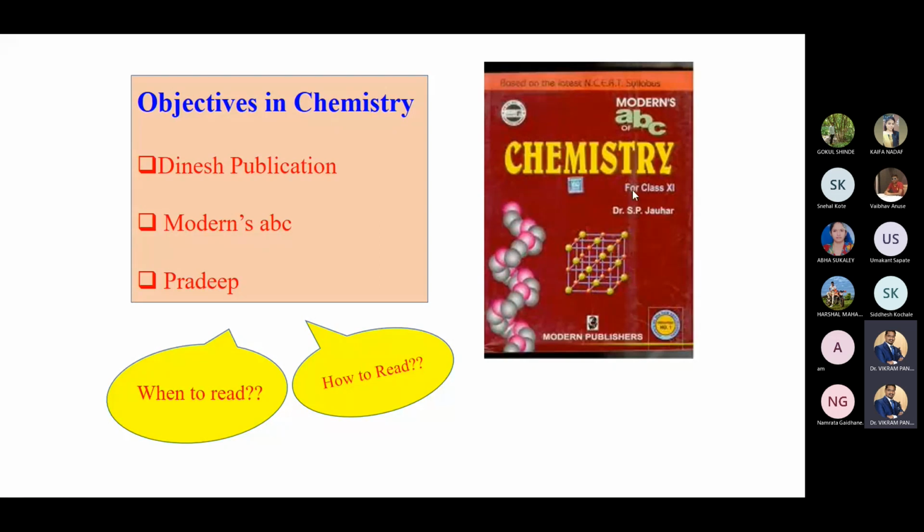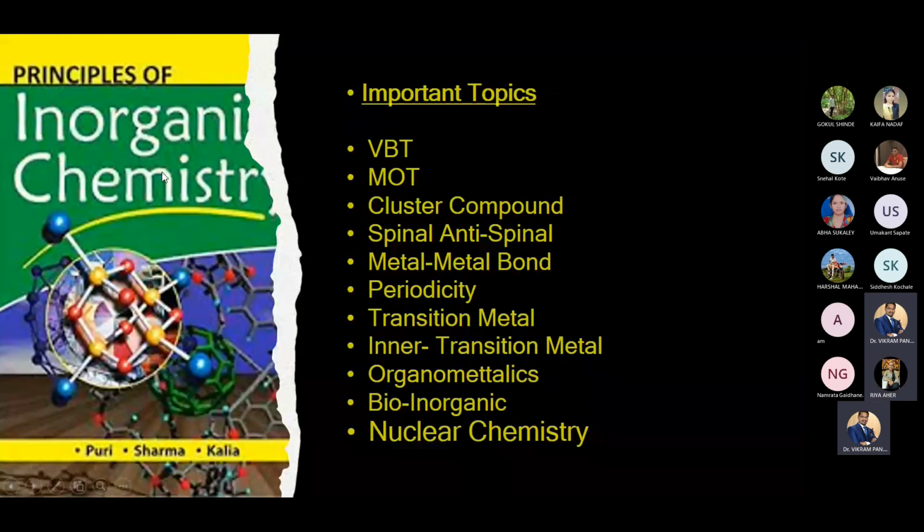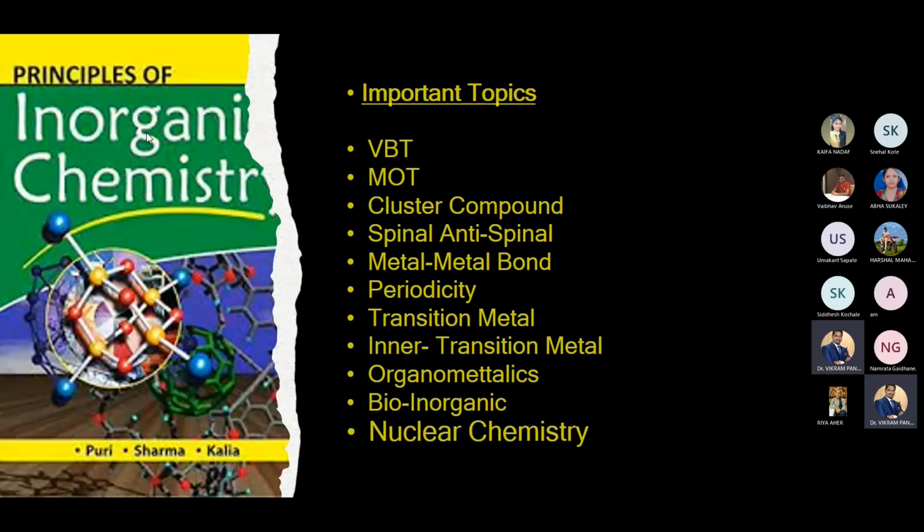Then there is the Puri Sharma Kalia book, whose syllabus we have gone through. You will find all these topics in this inorganic chemistry book: VBT, MOT, cluster compounds, then spinel and inverse spinel type compounds.